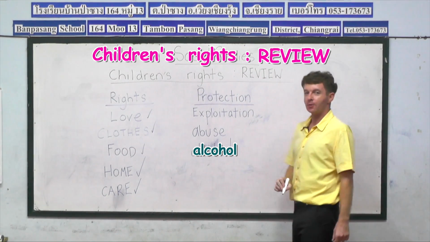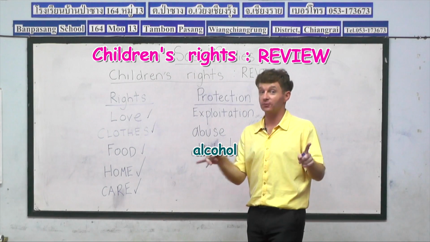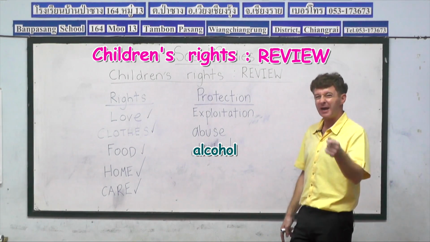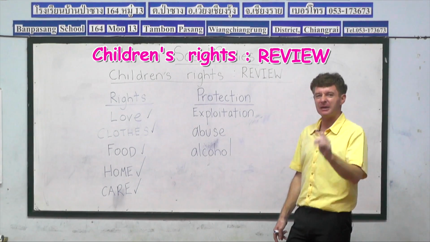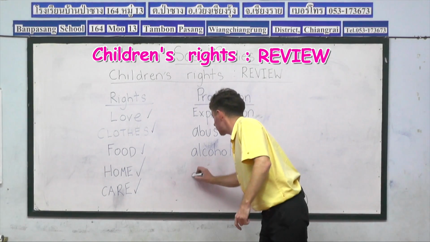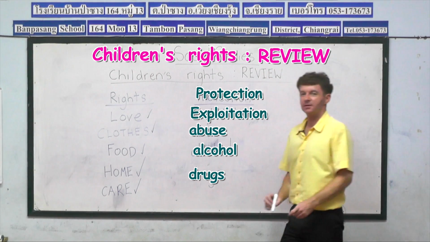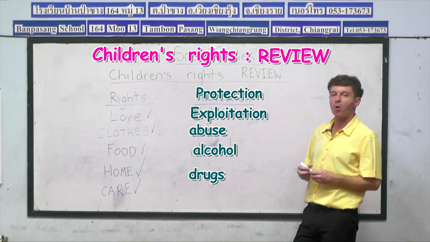Okay? Nobody here out of the students is old enough for alcohol. And even worse than alcohol, there are illegal substances which are even more dangerous that we call drugs. Yes. We need to protect children from all of these things.